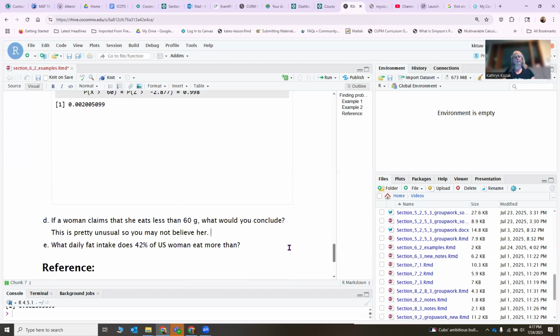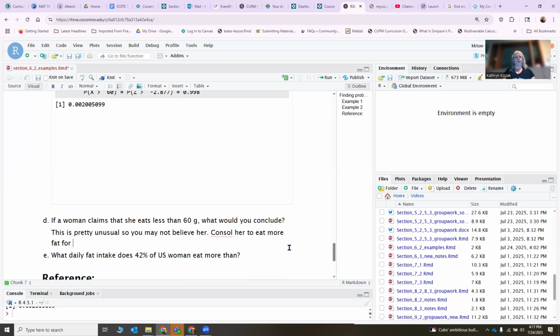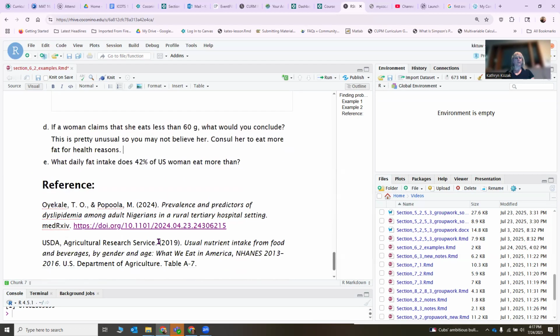So you might want to counsel her to eat more fat for health reasons. And I can't spell. This is why I like having spell check. Okay.